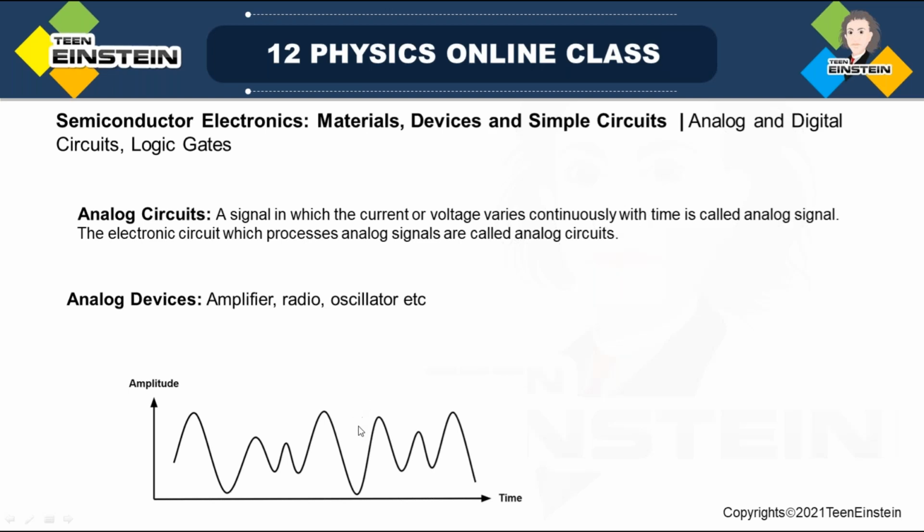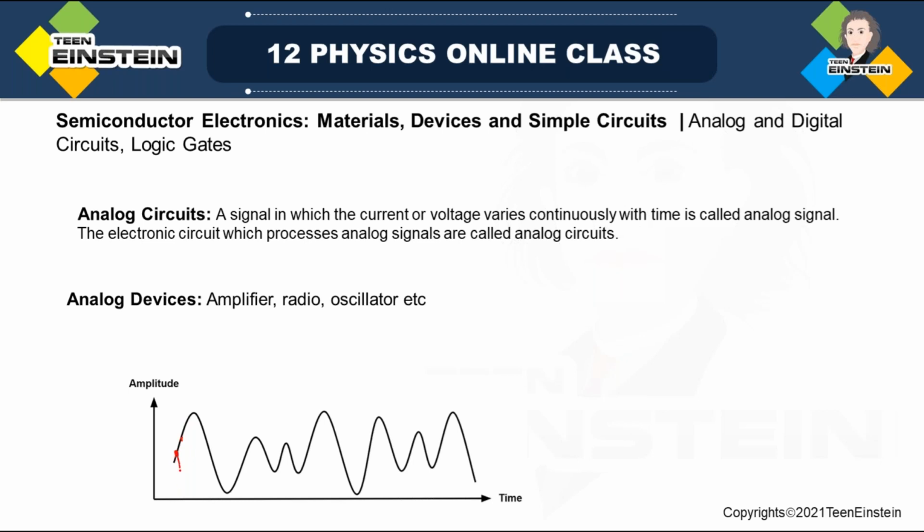I can show you an analog signal here. Suppose this is anything, maybe current or voltage, whatever it is. Look, this signal is continuously varying. What is the meaning of continuous? Continuous means it has values at each and every time.